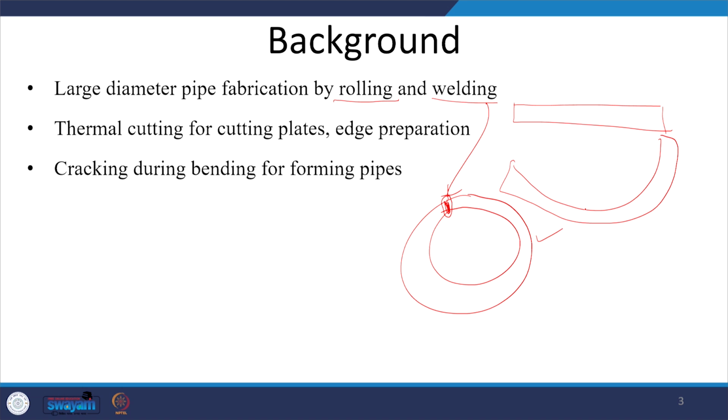What had happened was that during the rolling to give the plates the shape required for the pipe in the desired diameter, cracks were observed. This needed investigation into the reason behind the cracking of the steel plates during the rolling process, and thereafter, during the welding, another kind of problem was observed.